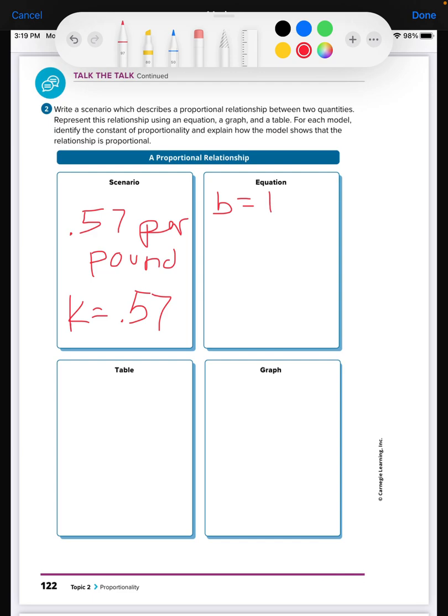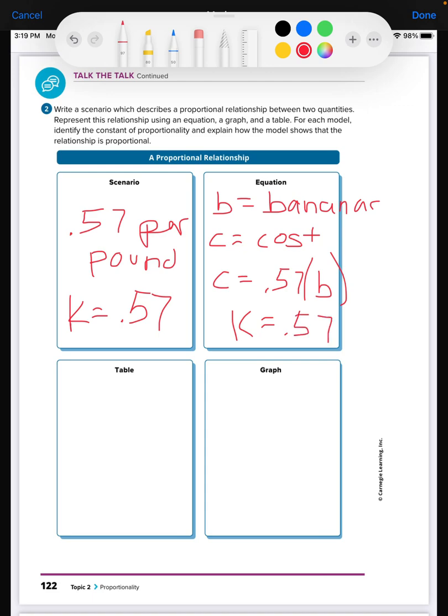So B equals pounds of bananas. Now I'm going to let C equal the total cost. All right, so if I set up an equation, the total cost will depend on how many bananas I buy. So that would be K times the number of bananas, and K is my 57 cents.